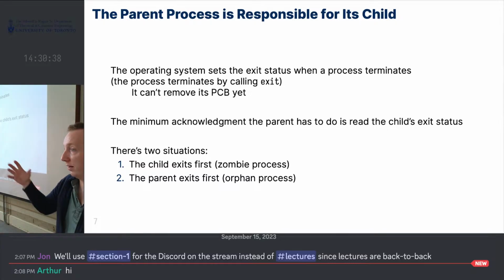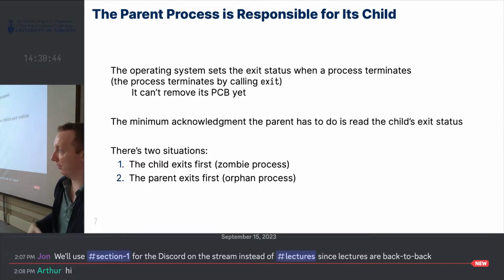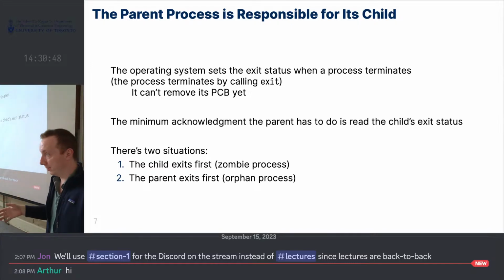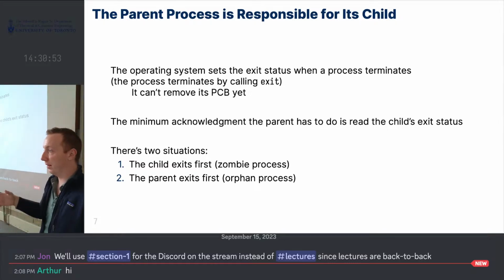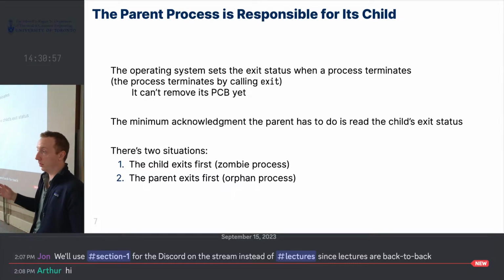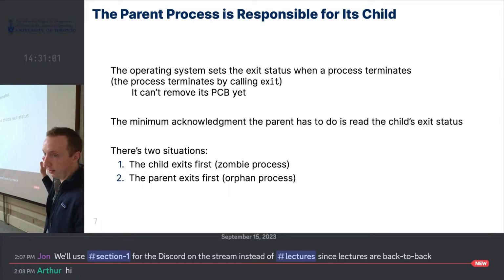If a process exits, most of its resources can get cleaned up, like memory, but its process control block will still be around, its process ID will still be around, and in that process control block will be its exit status, and the parent is responsible for reading that. There is a system call to read that. Then after the parent reads it, and only then, the kernel can clean up all the resources that have to do with that process.